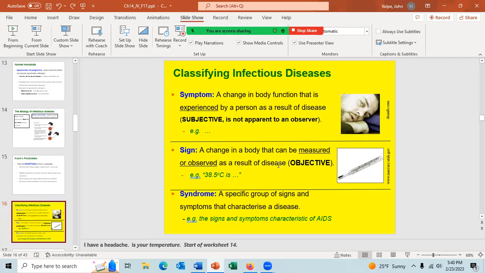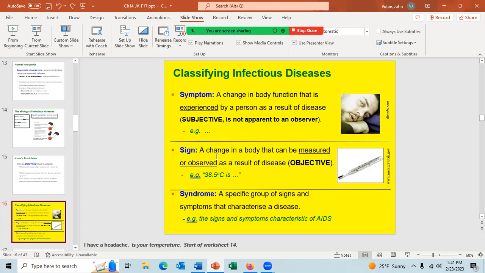A sign, on the other hand, is a change in the body that can be measured or observed as a result of a disease. So a sign is an objective measurement. For example, when a patient has a temperature of 102 degrees, that is a sign of disease because we can measure the patient's temperature. That's the difference between a sign and a symptom according to our textbook.